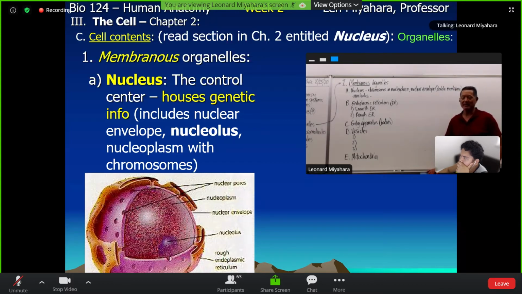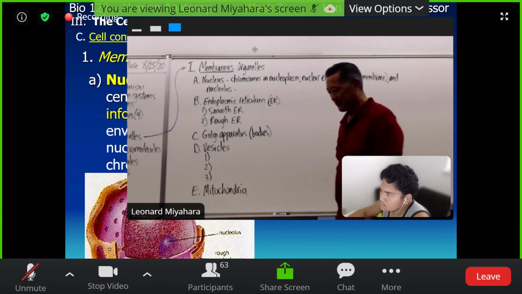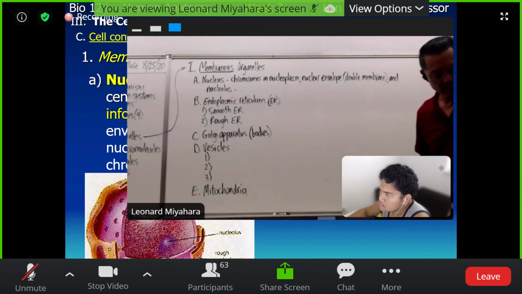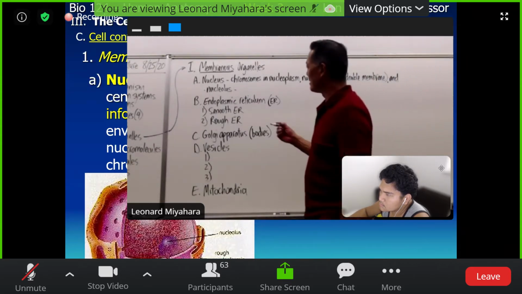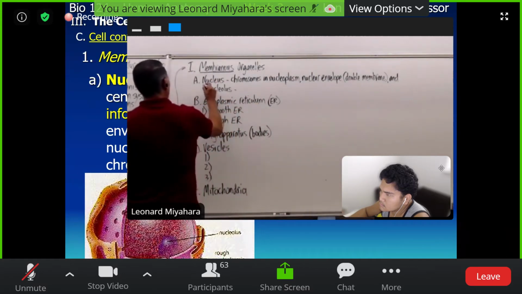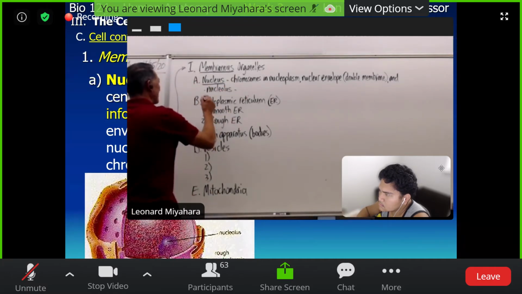Okay. But also included in this is another organelle, the nucleolus. So I'm going to underline organelles. The nucleus is an organelle. The rest of it is just parts of the nucleus. But within the nucleus, there is the nucleolus.